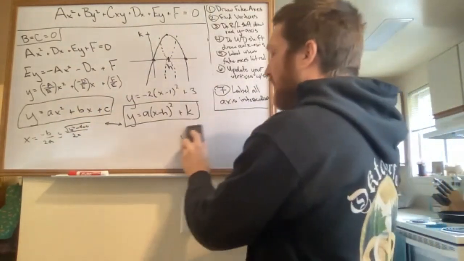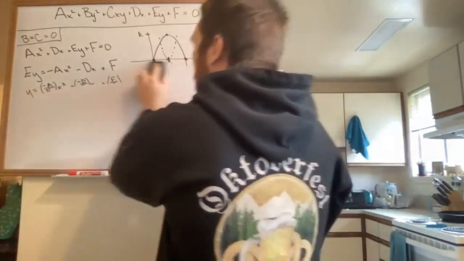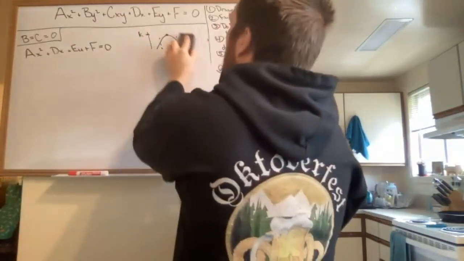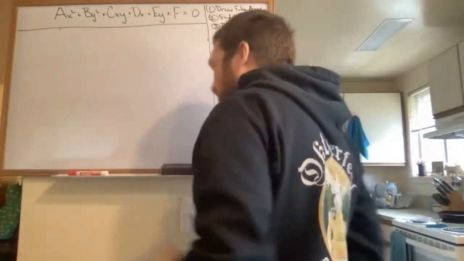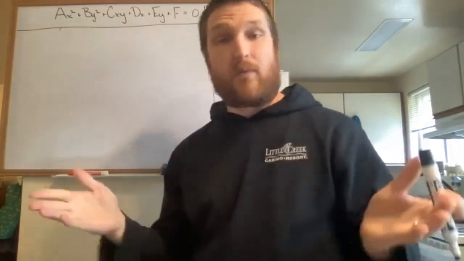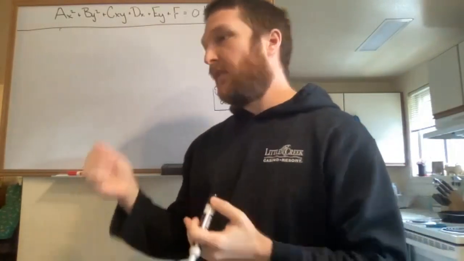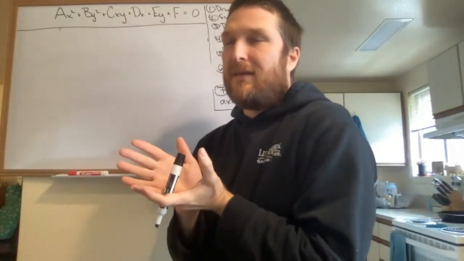Now things get hard. And that's why, when we start dealing with circles, ellipses, hyperbolas, things are very alien now, because the game used to be get the y by itself. Why? Well, because that turns it into a form that we could wrap our heads around.